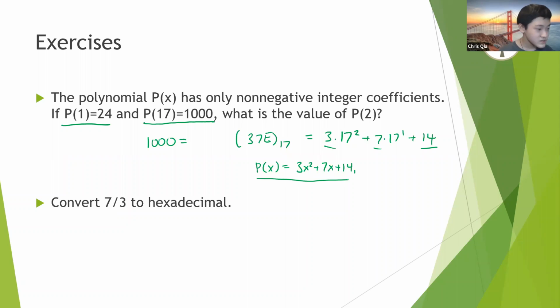So this is the only polynomial p of x that works. Once we have this, we can directly calculate p of 2, which is equal to 40. So 40 is our answer.